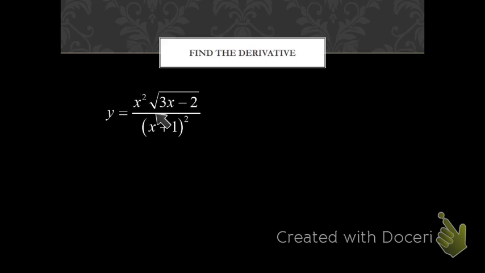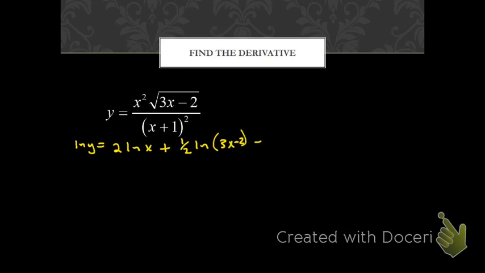Hey, whoa, this problem looks intimidating. Not anymore. Why? ln. We got time. Let's do it. You guys want me to do it with you? Okay, so natural log of y equals what? 2 ln x plus 1/2 ln of 3x minus 2.